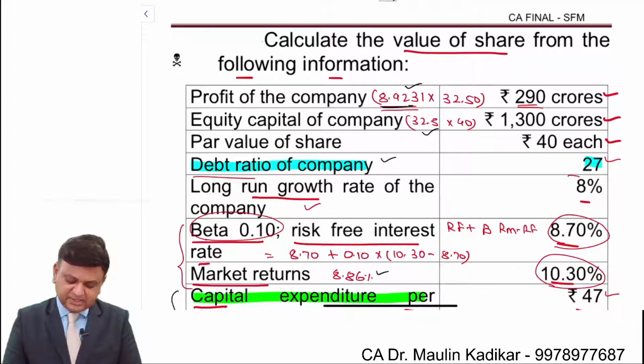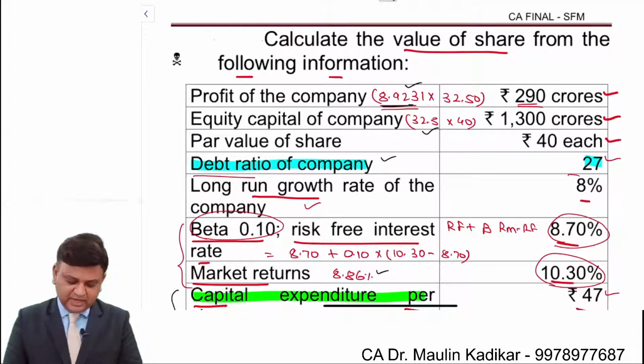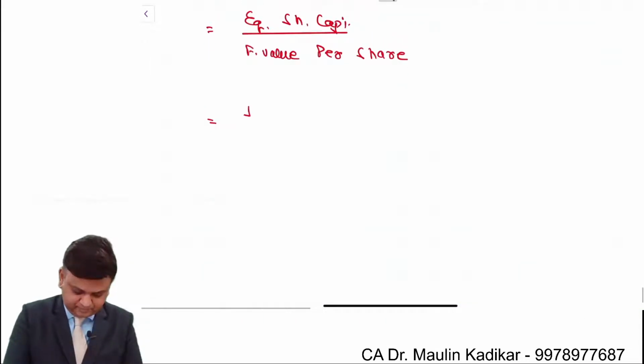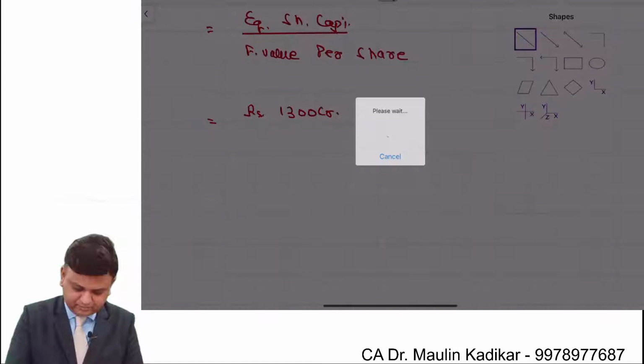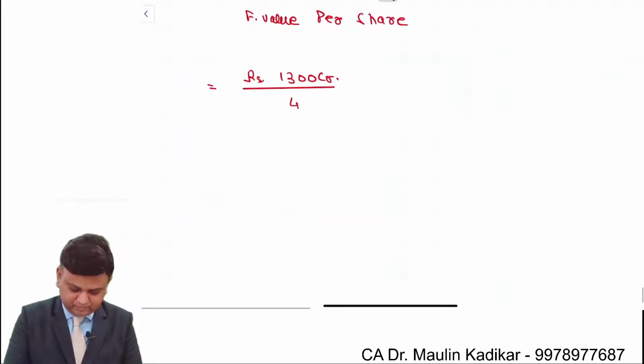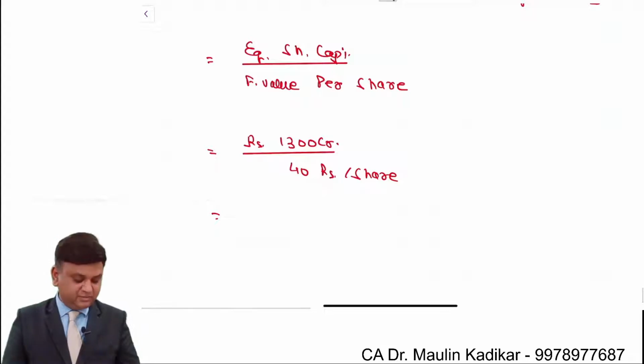Equity share capital is an amount of 1300 crore and the face value is 40. So that will give us the number of equity shares, 32.5 crore.